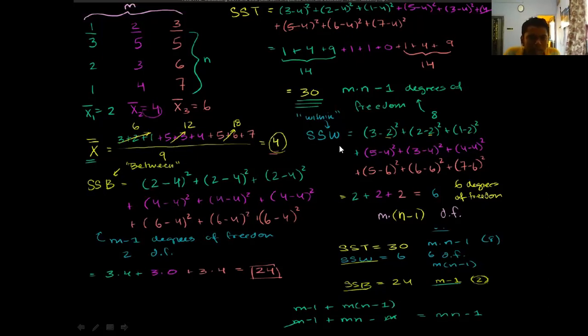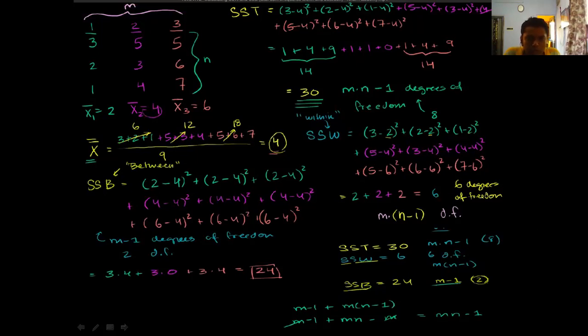And what is the degrees of freedom? Within each group, you have 3 elements, so for each group you get a degrees of freedom of 2. So 2 plus 2 plus 2 is equal to 6.